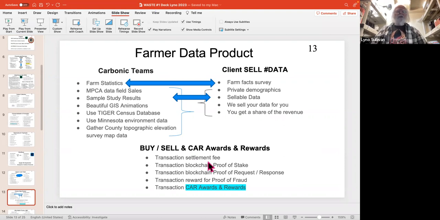We get the MPCA data field sales reports, how many animal units, being a ton, how many animal units of cows, pigs, chickens, geese, you name it, anything that can be put into a herd or a flock and fed in a concentrated feedlot manner is in the feedlot database. And so that's what I'm starting with. And from that, I can custom craft survey results to say, hey, I see that you raise buffalo and you raise pigs. Would you like to talk with us about mixing those two manures?